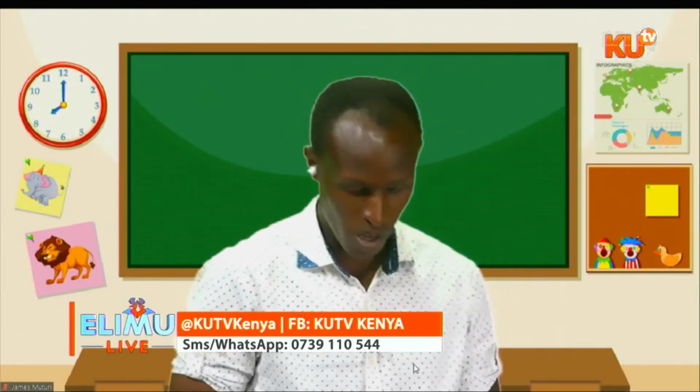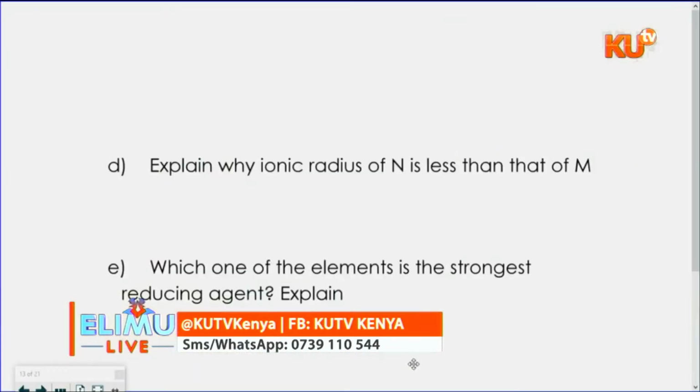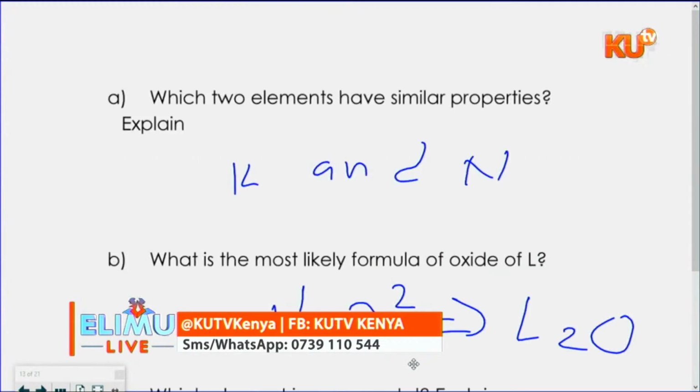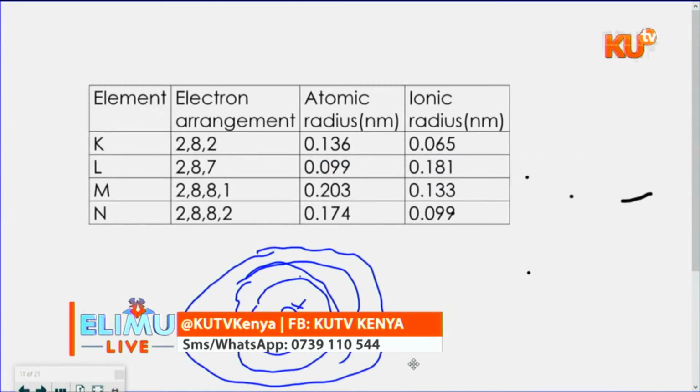So going back to the table, which we had earlier, because all the questions are linked to the table, you have to always go back to the table, and we can check. A non-metal first will be letter L, because the ionic radius is bigger than atomic radius. That's the reason.